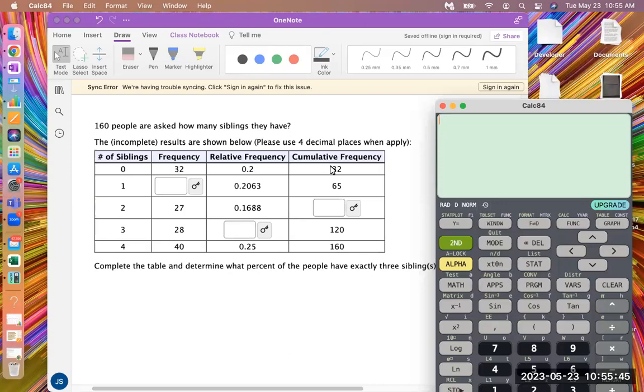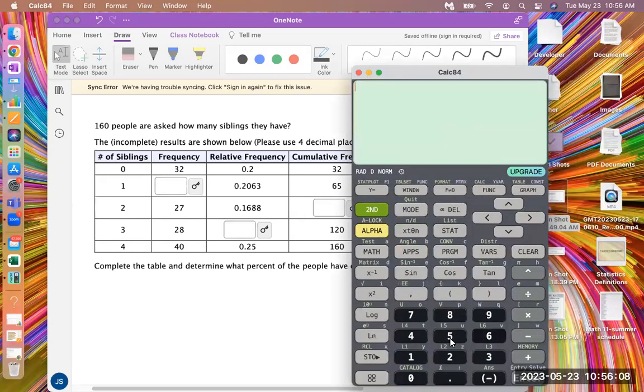But then as we move one step higher, it says 65. That means they took everybody who had 1 sibling and added it to the people who had no siblings, so 1 or fewer. That's how they got this number 65. That would be the even faster way.